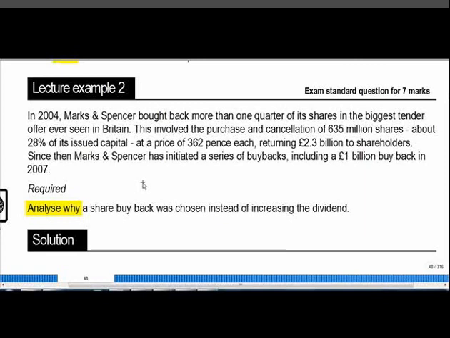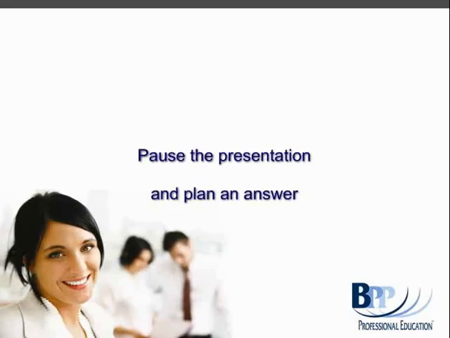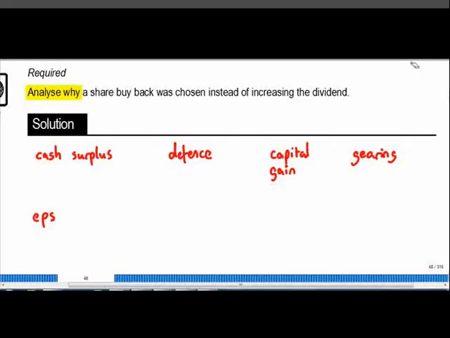Pause the presentation here and try and think for yourself about why they may have chosen this approach. It will be difficult without knowing the precise background, but just think a little bit about why buying back shares might bring some general advantages. You're unlikely to have thought of all the points that we're about to go through, and you may well have thought of some of your own.